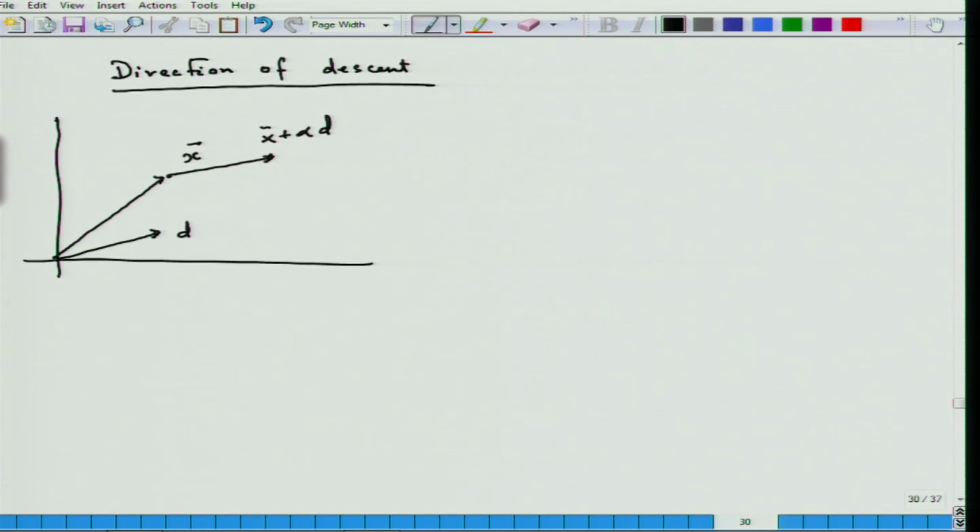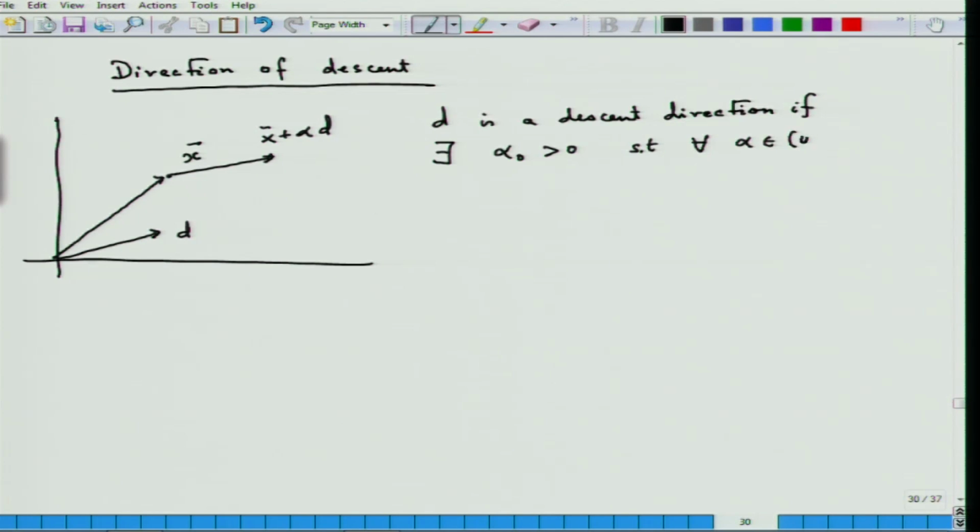So, basically d is a descent direction if there exists alpha naught strictly greater than 0, such that for all alpha in the interval 0 to alpha naught, f of x bar plus alpha d is strictly less than f of x bar.